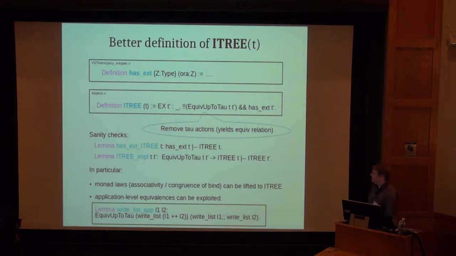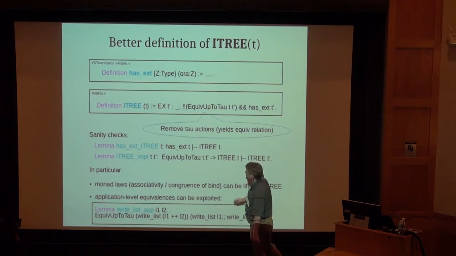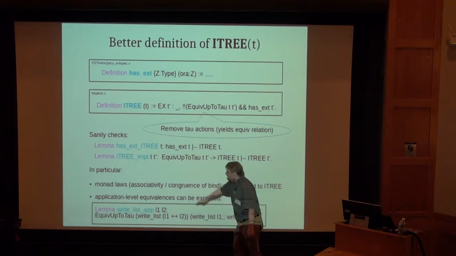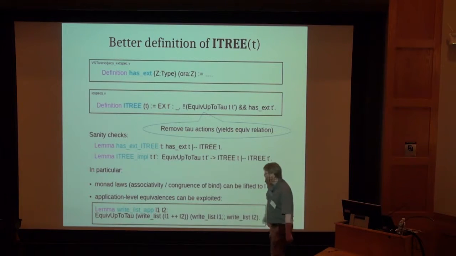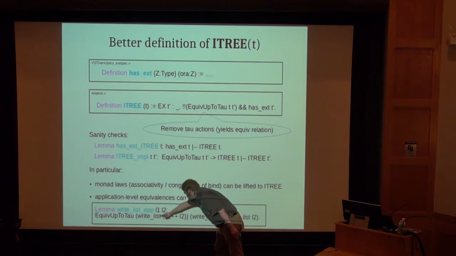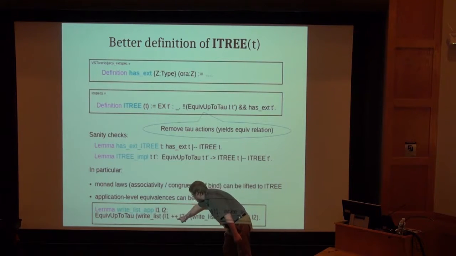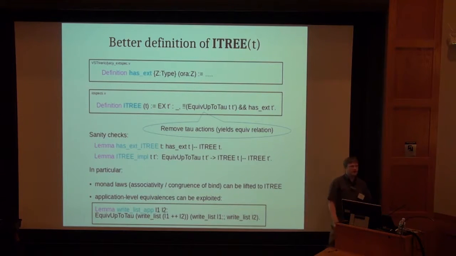And that in particular allows us to exploit and reflect in the I tree predicate all those monadic laws that we know are so useful for actually reasoning about interaction trees. One example of that is that we can actually prove that equiv up to tau, and hence also this I tree implication, satisfies the fact that writing a list commutes with the append function of the natural Coq lists.